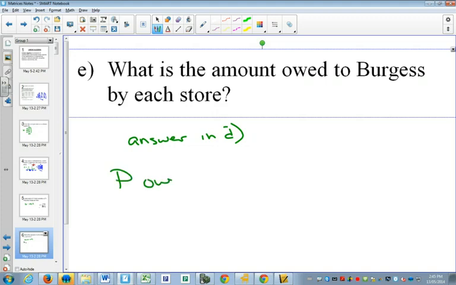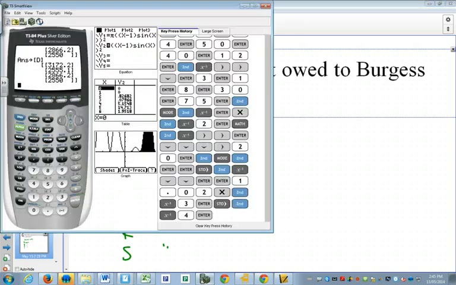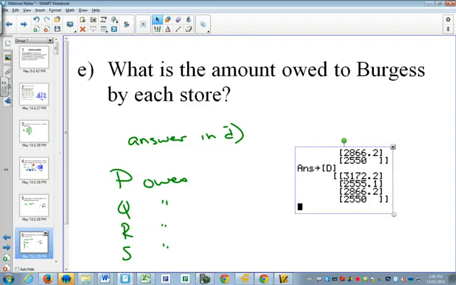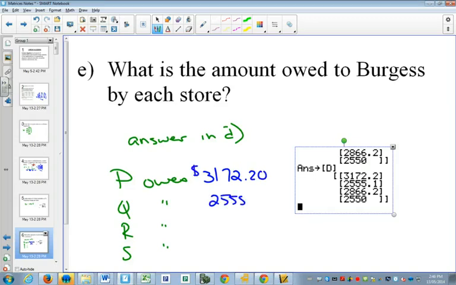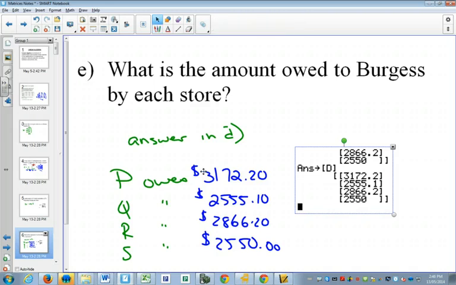Store P owes, Q owes, R owes, and S owes. $3,172.20, $4,085.10, $2,866.20, and $2,550. So that's the total amount that each store owes.